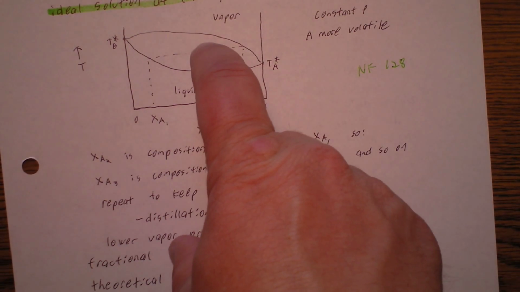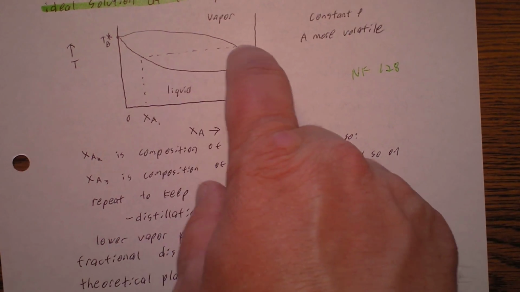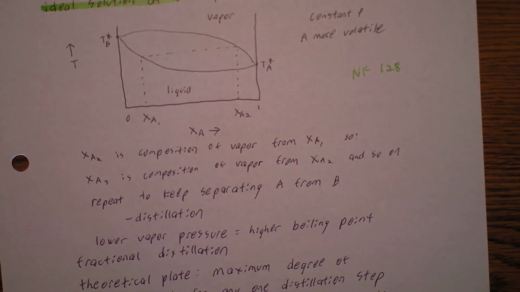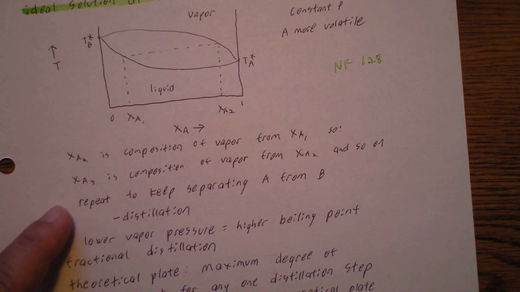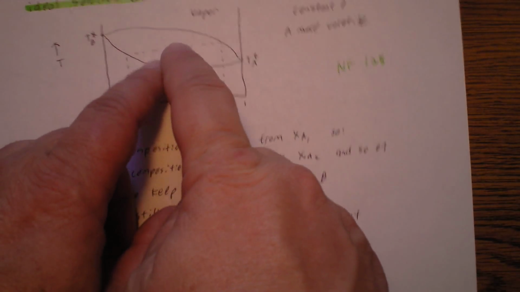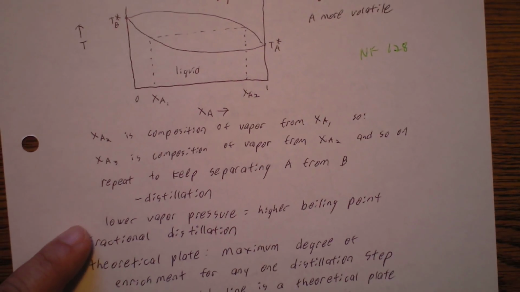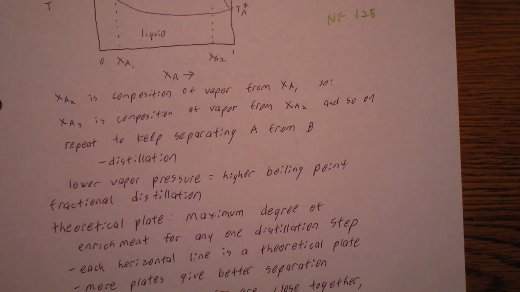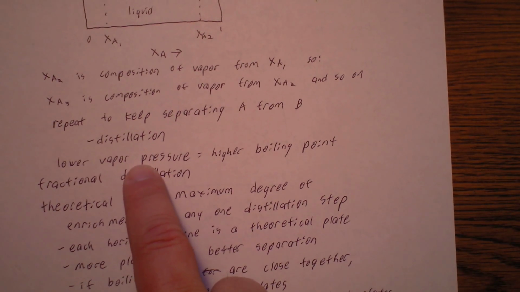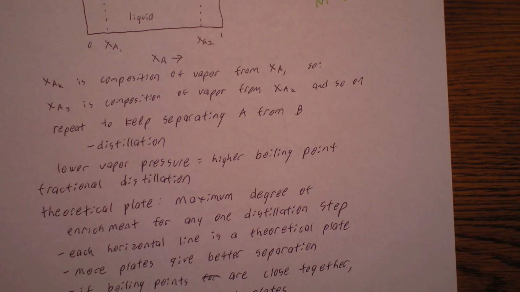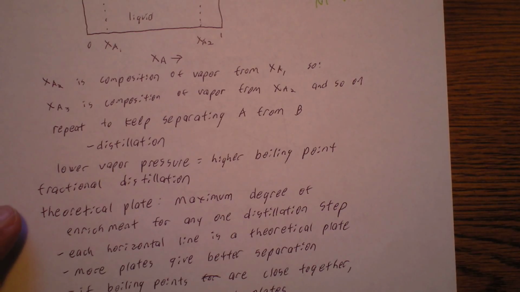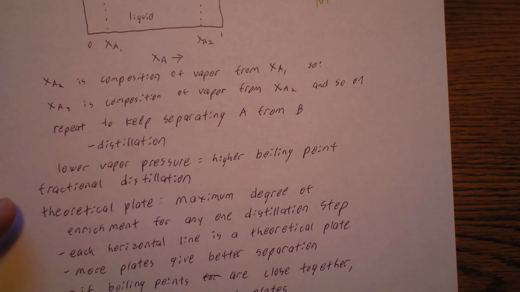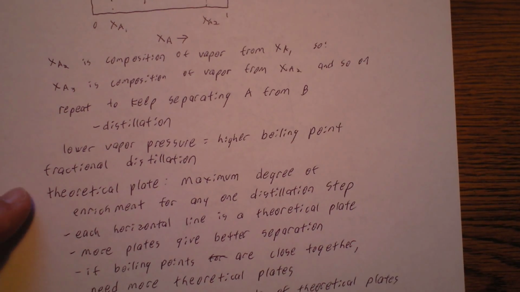So if we have an XA, we'll get this XA1 and XA2, depending on how the line goes. So what that's saying is when you split it up, you'll get these two. So if you keep doing that, you can actually take advantage of this and separate the two substances. This is called distillation. Now remember, if it's got a lower vapor pressure, it's going to have a higher boiling point, and so on. And when you keep doing this distillation, that's called fractional distillation.